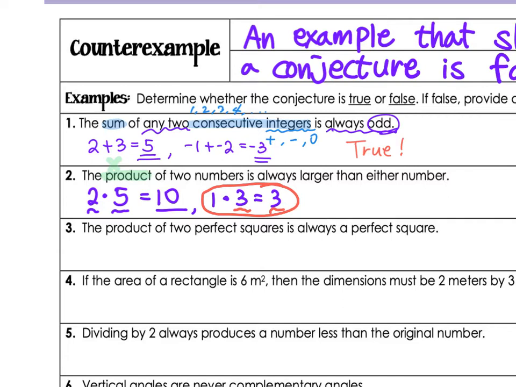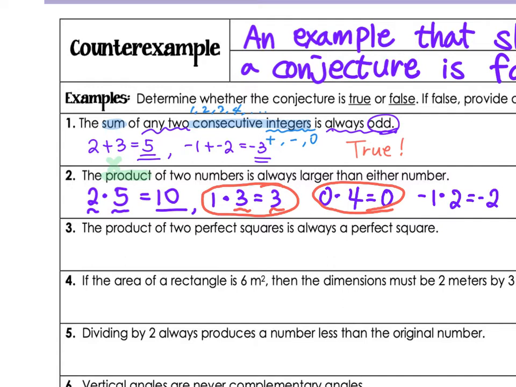Do we have another example? Let's see. What about 0 times 4? That equals 0. So 0 is not larger than 0 nor 4, right? So this is also a counterexample. What about negative numbers? Negative 1 times 2. That will be negative 2. So negative 2 is less than negative 1 and less than positive 2.